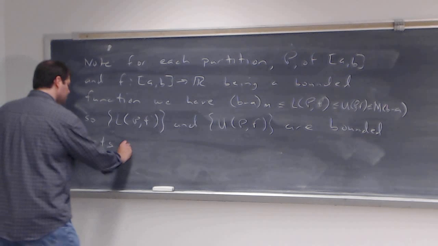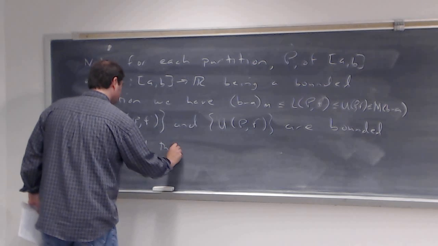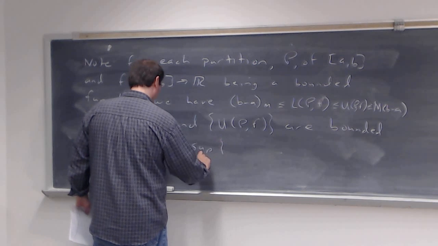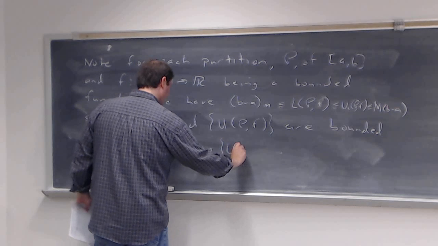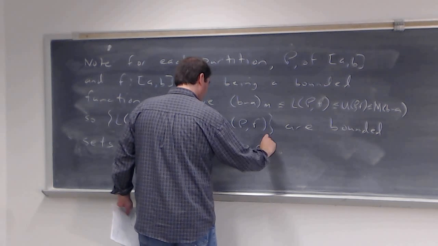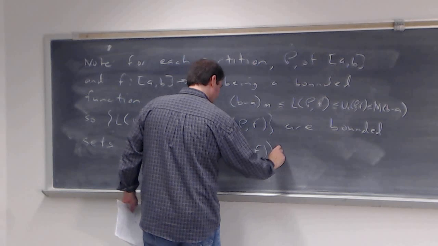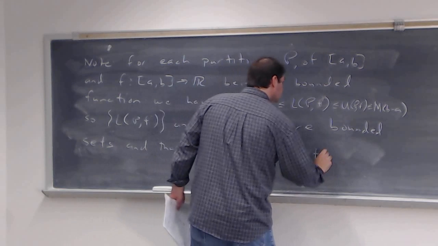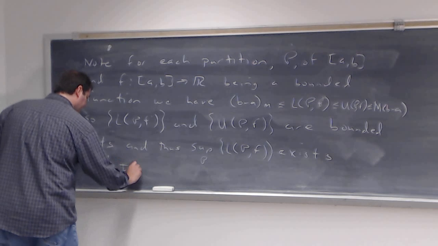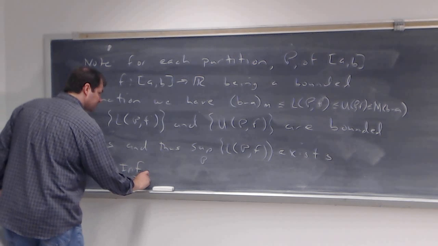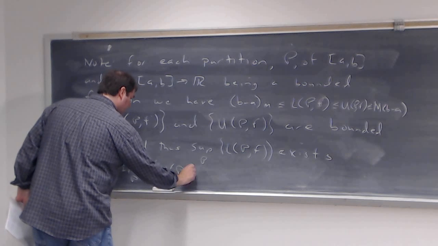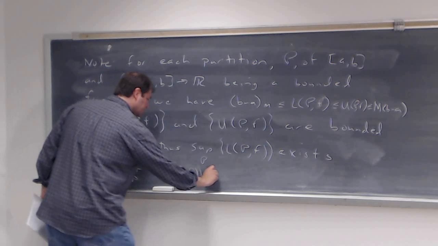Thus, the supremum over all possible partitions of the lower Riemann integrals exists, and the infimum over all possible partitions of a to b of the upper Riemann integrals exists.